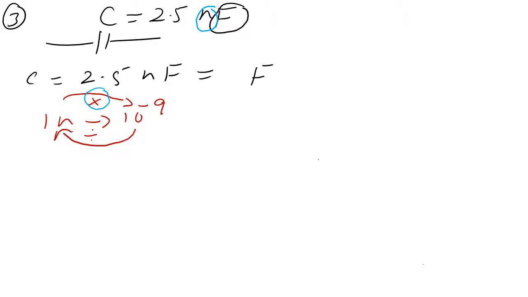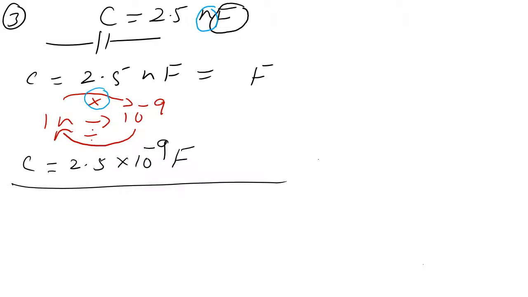Here C is equal to 2.5 into 10 to the power minus 9, and this is farad. So this way we can change the unit of the capacitor: 2.5 nanofarad is equal to 2.5 into 10 to the power minus 9 farad. So this way we can change.